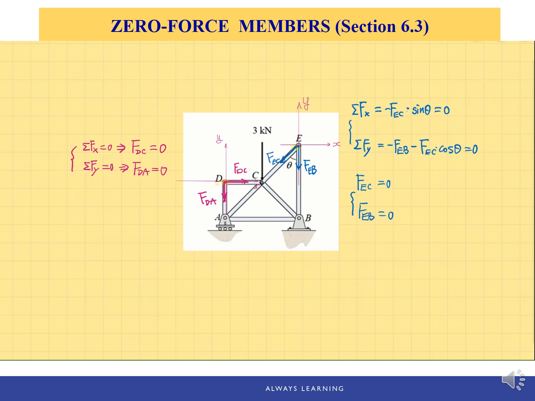So that means in the members EC and EB, there's also no force. Those members with no force developed in them are called zero force members, and we can remove them from the structure before doing analysis for other members to simplify the problem.